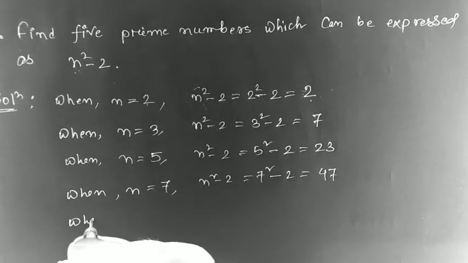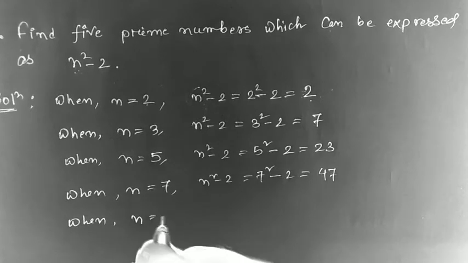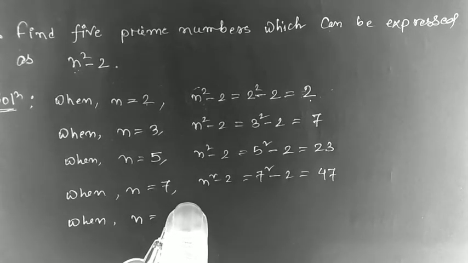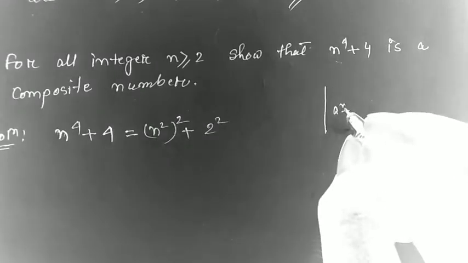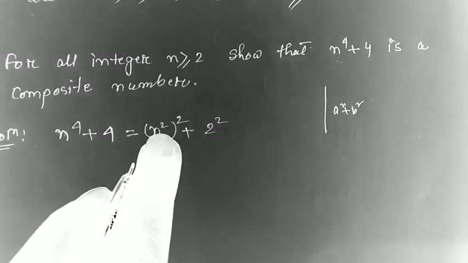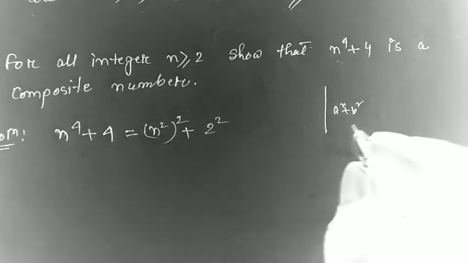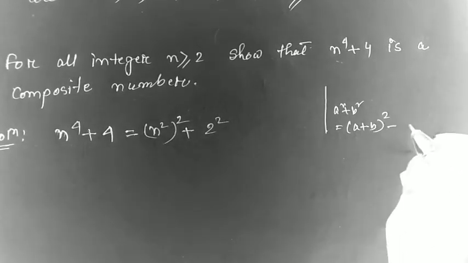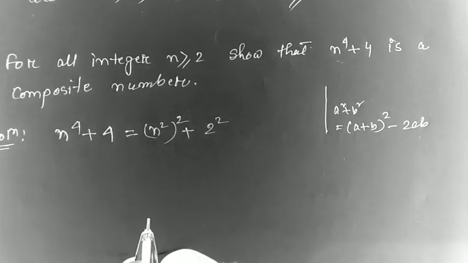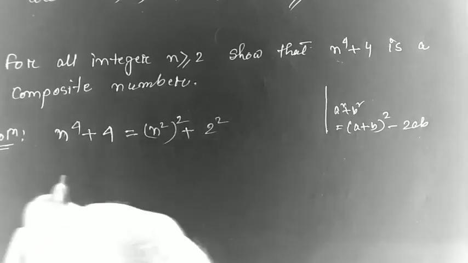When n is equal to 9, no, it is not 9. n is equal to 11, n square minus 2 is 11 square minus 2, 121 minus 2, that means 119. So it is also a prime number.